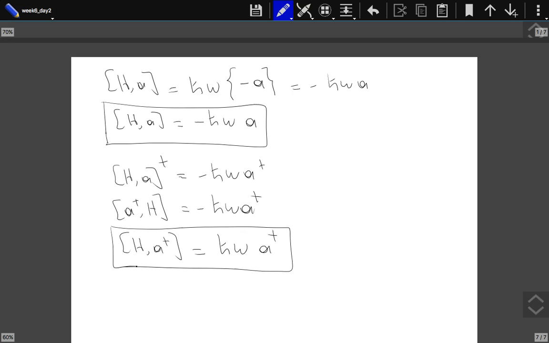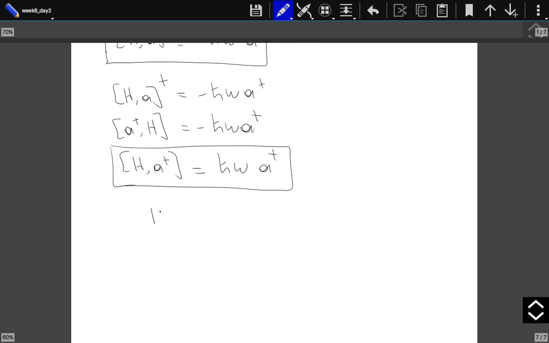Now let's see what these imply for the energy eigenkets. Let's look at this alpha, which is an energy eigenket of the Hamiltonian with energy eigenvalue E alpha. Now let me look at the commutator of the Hamiltonian with a, acting on the ket alpha.